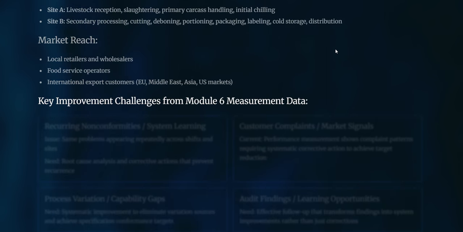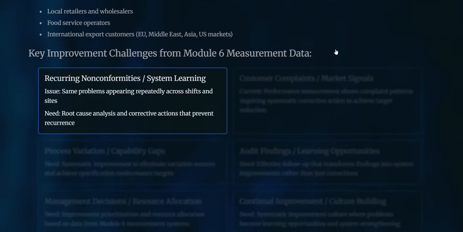The key improvement challenge from the Module 6 measurement data is recurring nonconformities, which are used as system learning. The issue here is the same problems appearing repeatedly across shifts and sites. What we need to solve this is root cause analysis and corrective actions that prevent recurrence, and we are going to implement that in Module 7.